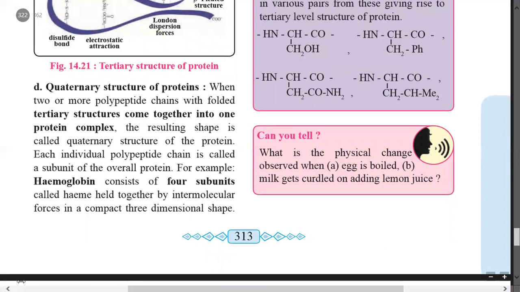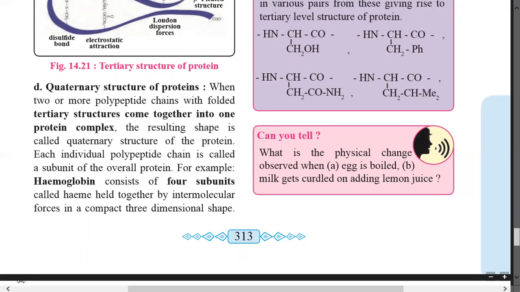So what is a quaternary structure? When two or more polypeptide chains folded with tertiary structure come together to form a complex protein, that is called a quaternary structure. Thus, each individual polypeptide chain is called a subunit of the overall protein.